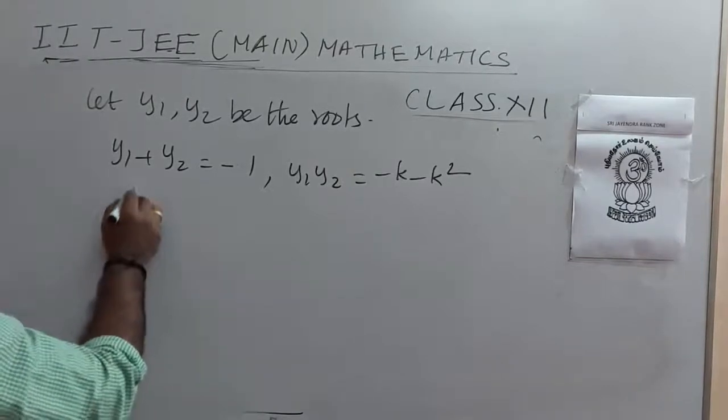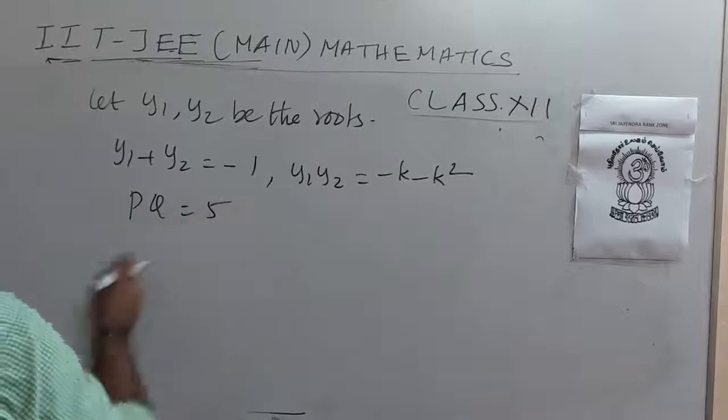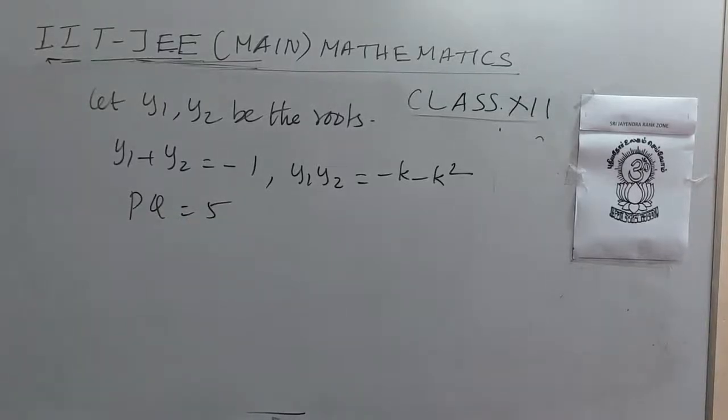The curve intersects at two points P and Q. The distance between P and Q is equal to 5.